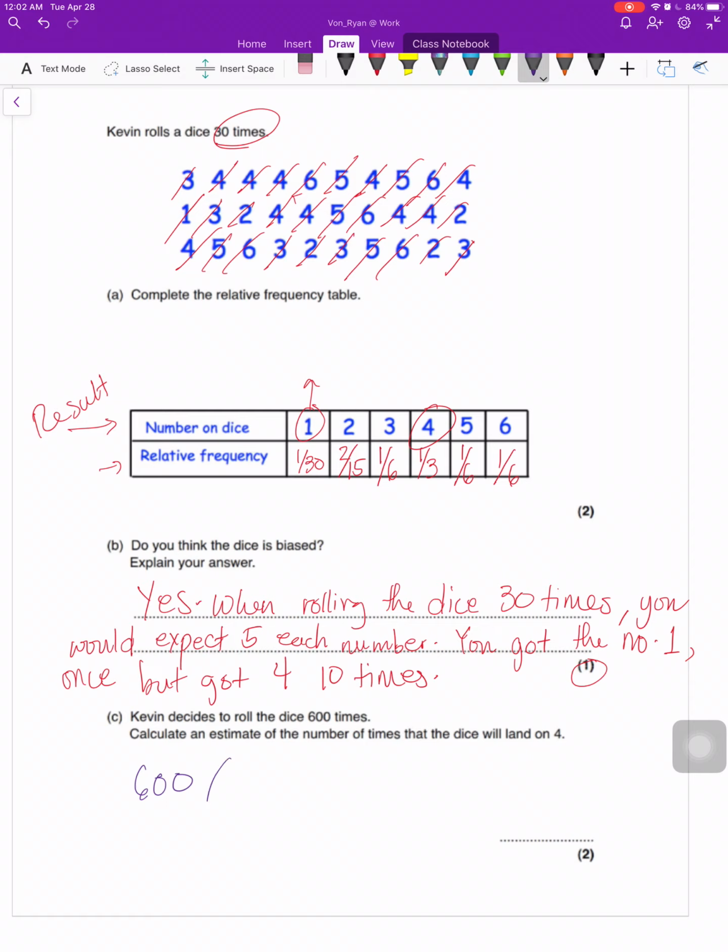So you need to get 1/3 of 600. That's just 600 divided by 3, and you will get 200. So based on your current data or relative frequency, if you roll it 600 times, you would get the number 4 200 times.